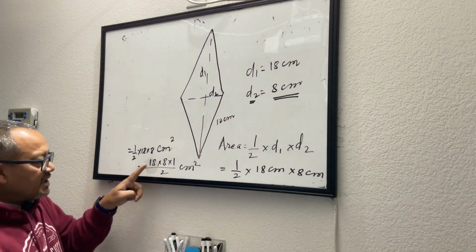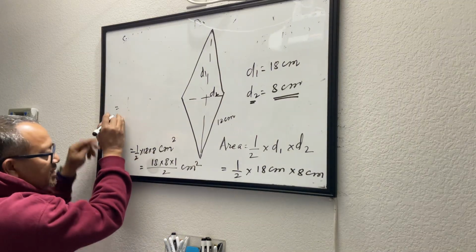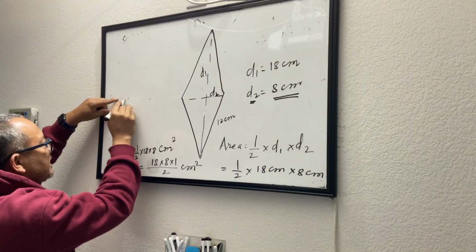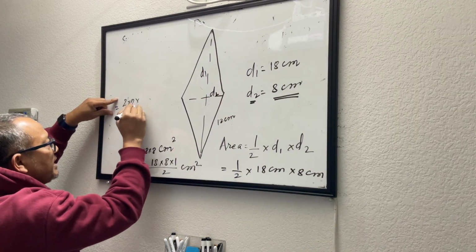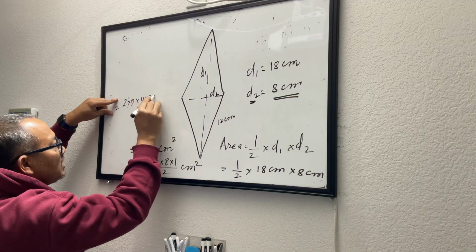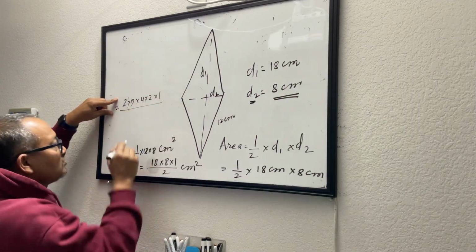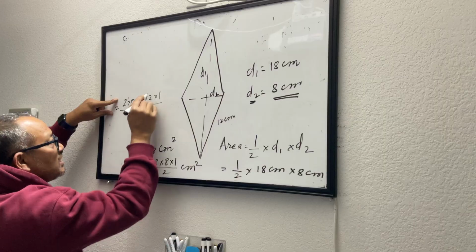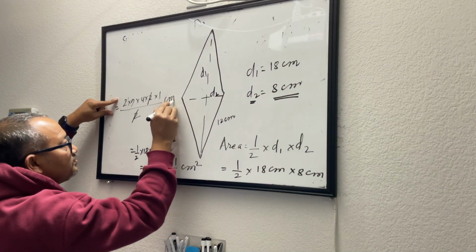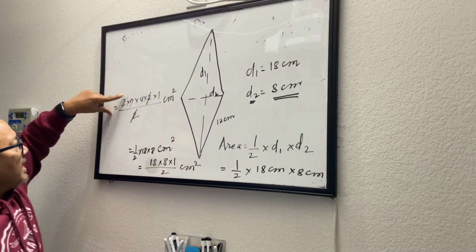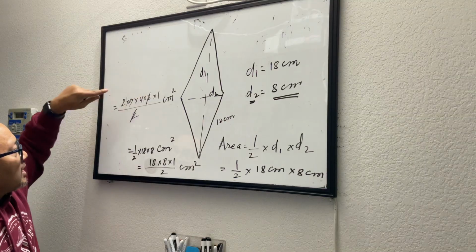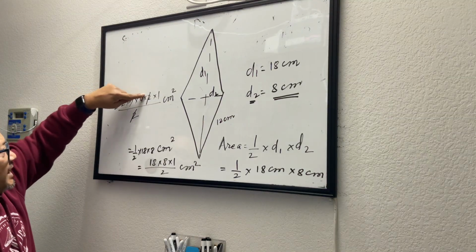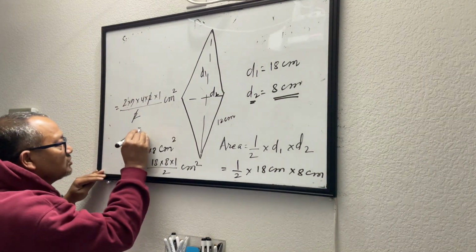So now 18 into 8 by 2. What I can do, 18 I can write as 2 into 9. 8 I can write as 4 into 2 into 1 by 2. This 2 and this 2 tic-tac-toe. So I have 2 into 9 into 4. Or 2 into 4 is 8 times 9, 72.